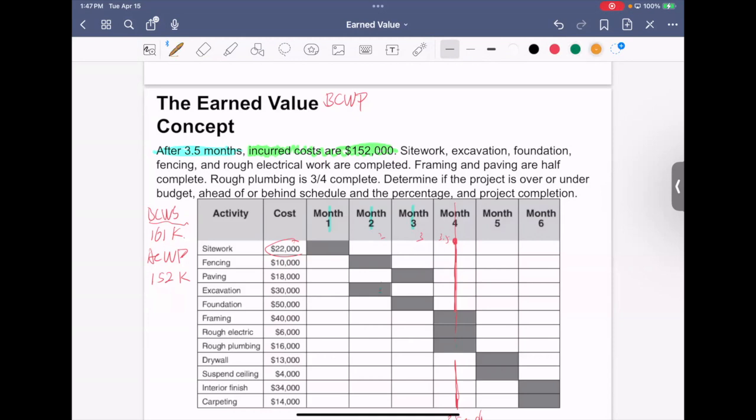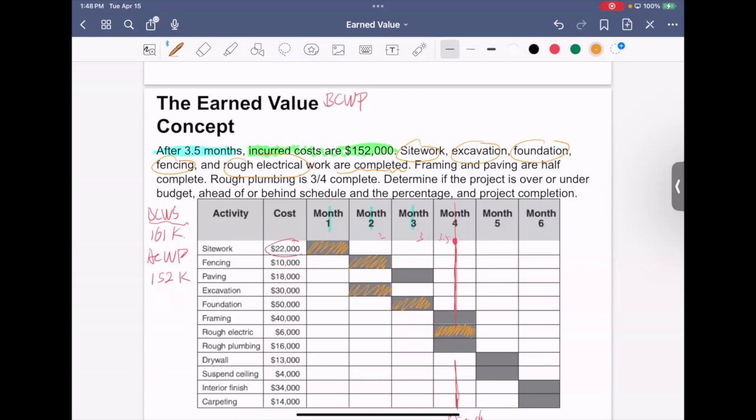So site work, excavation, foundation, fencing, and rough electrical work are what? Completed, right? Then we have site work done, excavation done, foundation done, fencing done, and the rough electrical is done.